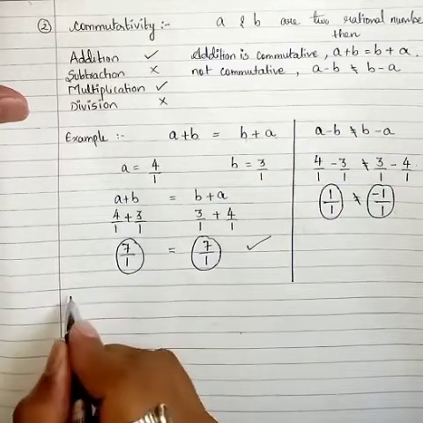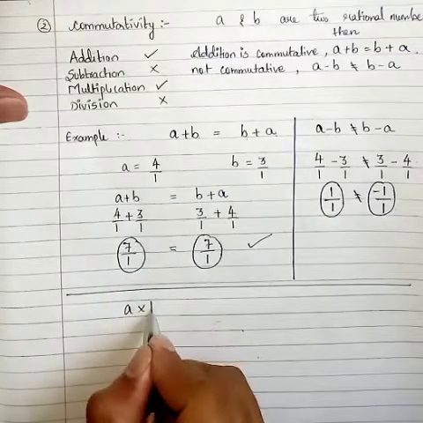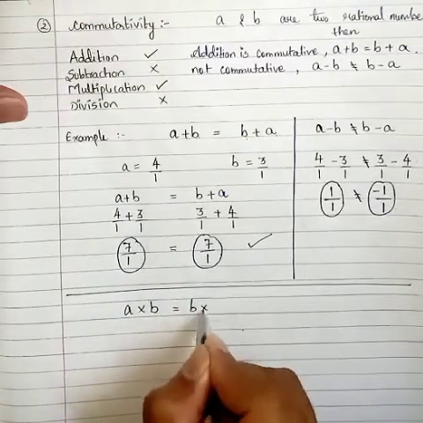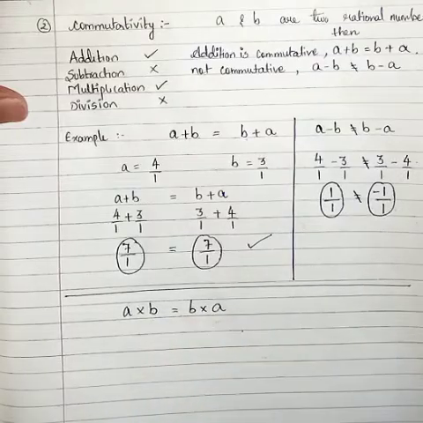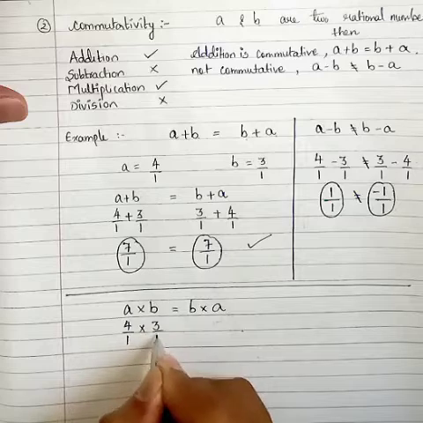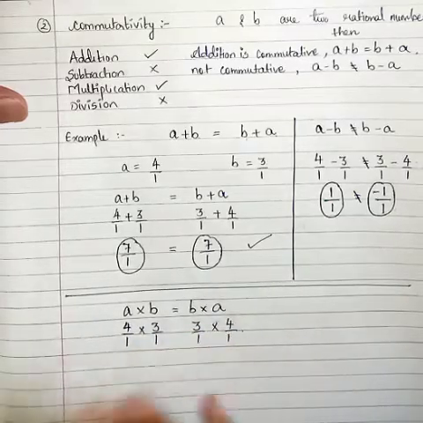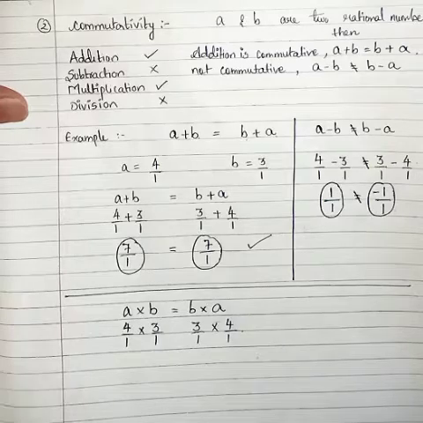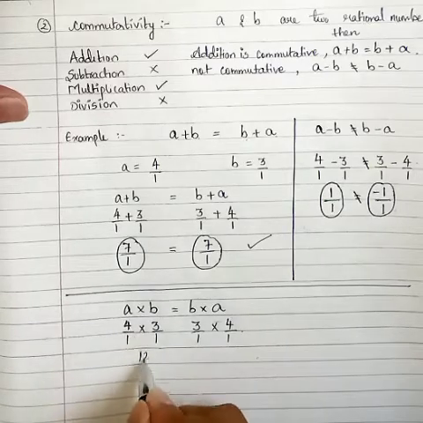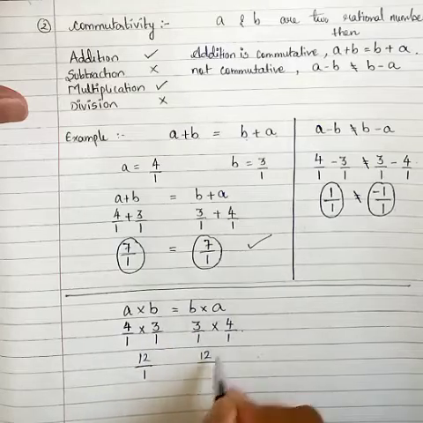Now coming to the multiplication part, I have to check whether A multiplied by B is equal to B multiplied by A or not. So I will again choose the same numbers and find out whether these values are the same or not. So first, 4 3s are 12, 1 1s are 1. Here 3 4s are 12, 1 1s are 1.